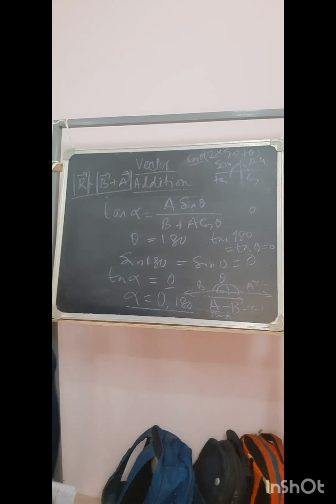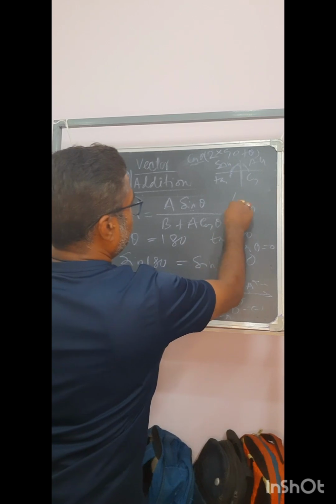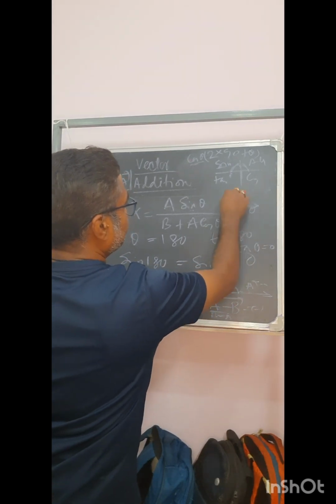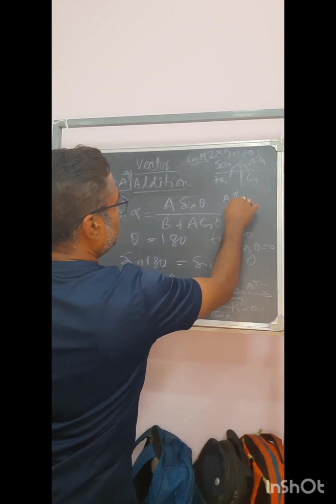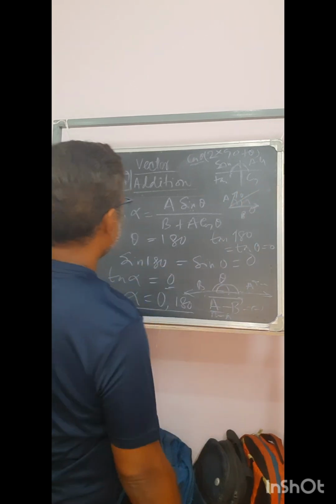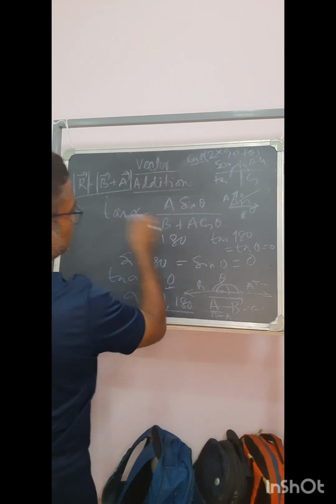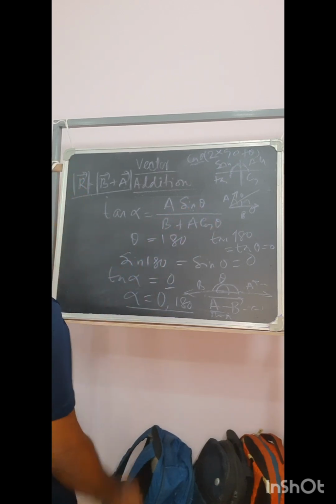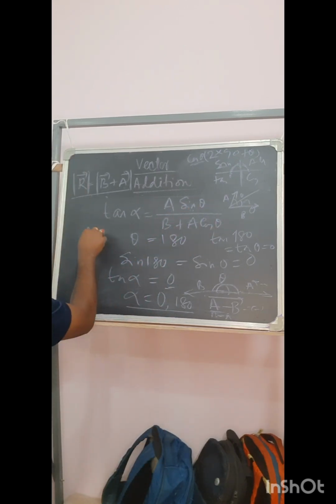Any other case possible? Is it possible that alpha is equal to theta? If I say alpha is equal to theta and A is equal to B, then what is the condition?